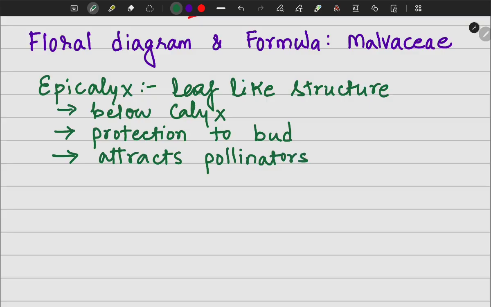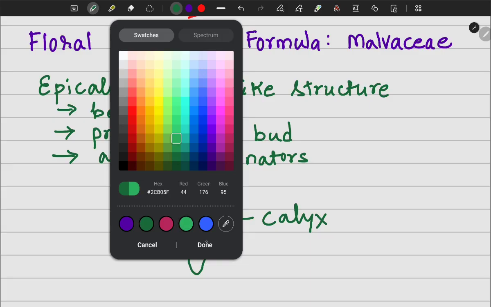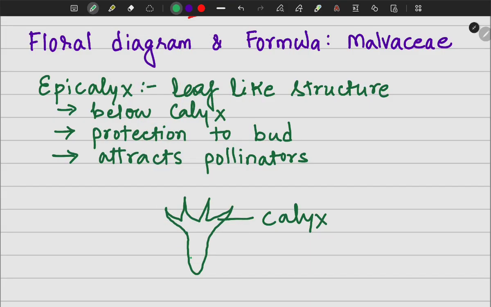Alright, so if this is the calyx, then epicalyx will be present below the calyx, like this. You can easily see the epicalyx on a China rose, hibiscus flower.